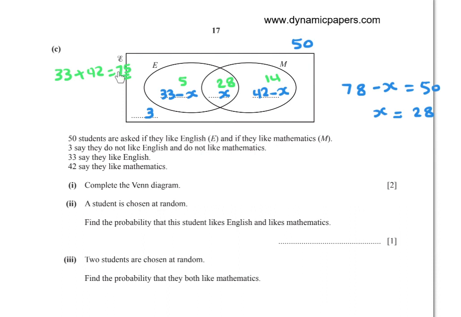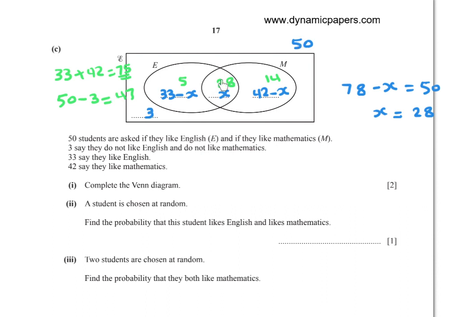But the actual number is 50 minus 3, the union for English and math, 50 minus 3, 47. So now if we add English plus mathematics, we get 75. But the actual number, without repeating, is 50 minus 3, 47.